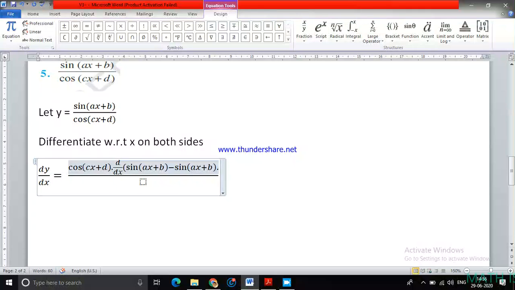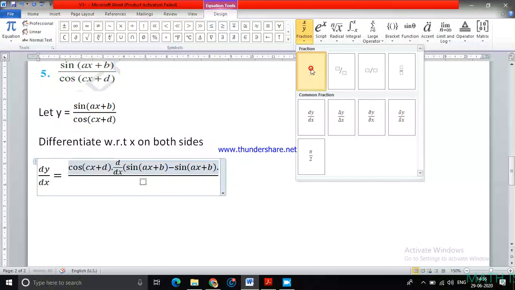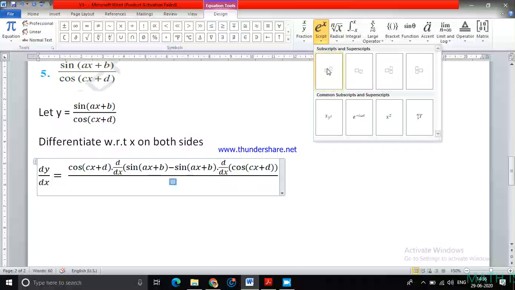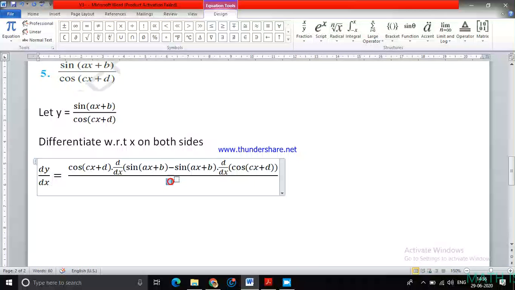One step let me write, so that you will not get confused, the derivative of v, that is cos(cx plus d), and it will come over v square. V square means the denominator square will come.